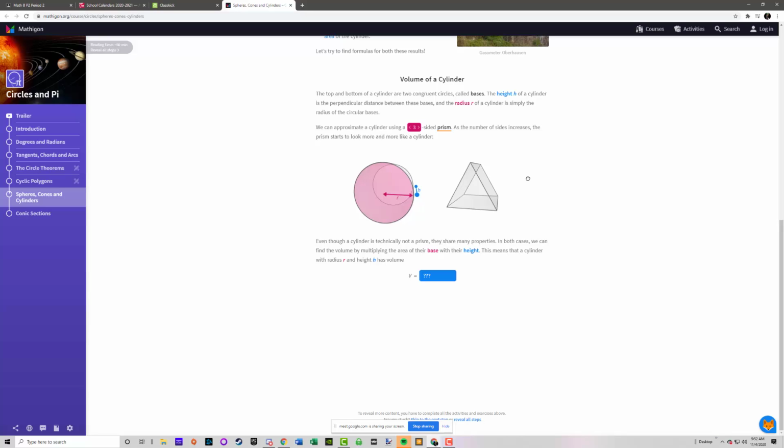So 2 minutes, and I want you to tell me one difference that you see between these two shapes. Remember, do not enter your message yet, not until the time is up.